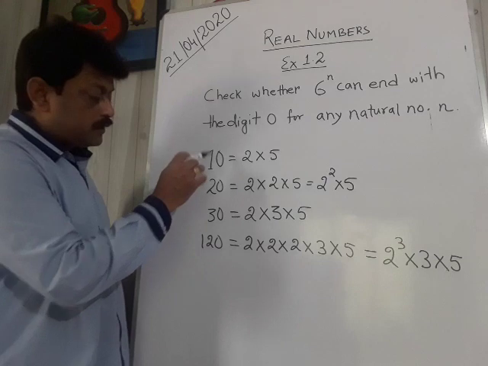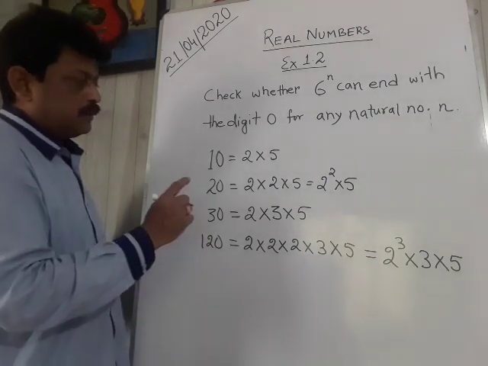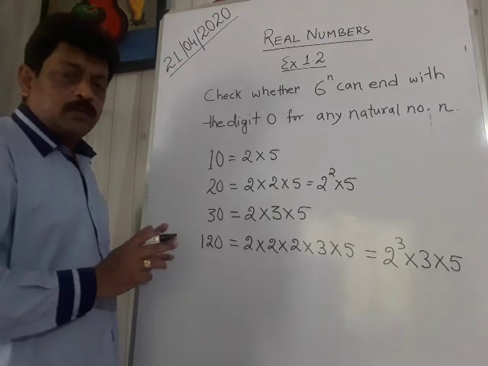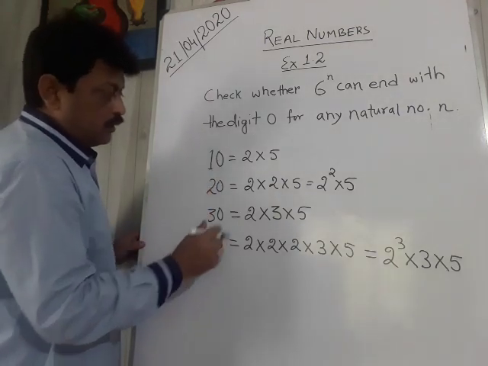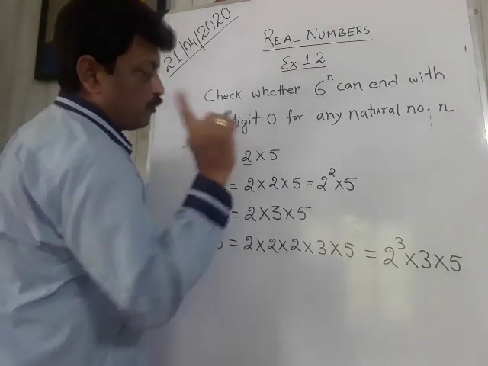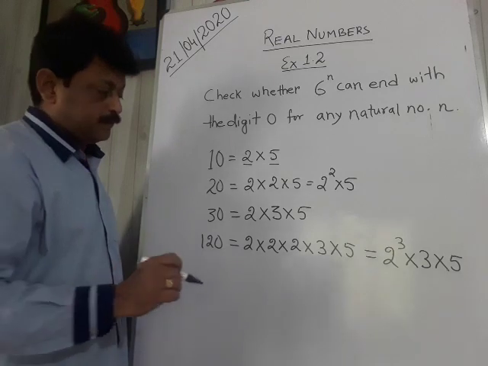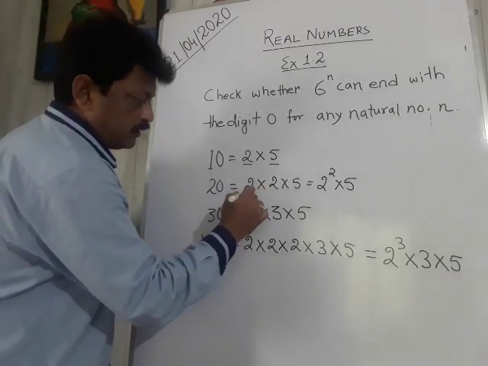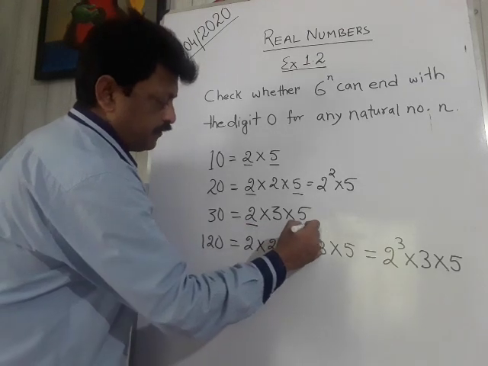Now in all these examples, what is the common feature we can observe? Any number which ends with the digit 0 must have at least one 2 and one 5 as prime factors. In all these cases, see, there is a 2 and 5, there is a 2 and 5.